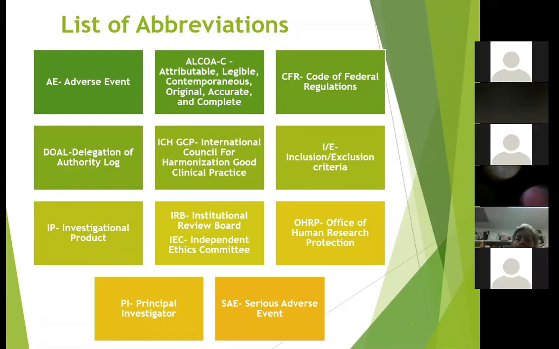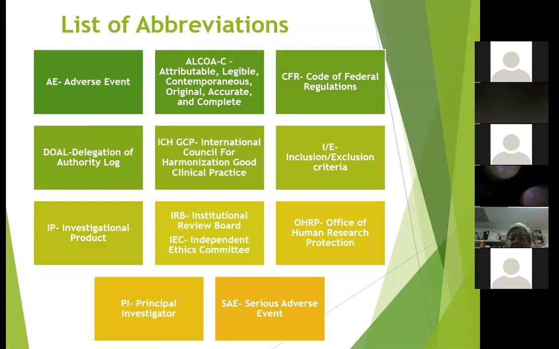IE stands for inclusion and exclusion. It's a set of criteria listed in the protocol or your study procedures that ensure that we enroll the correct subjects. IP is investigational product. This could be a drug, biologic, or a device, and session 10 will be held regarding this subject.